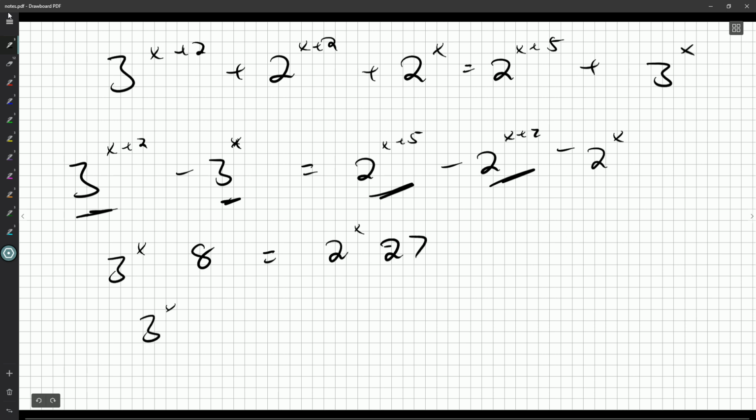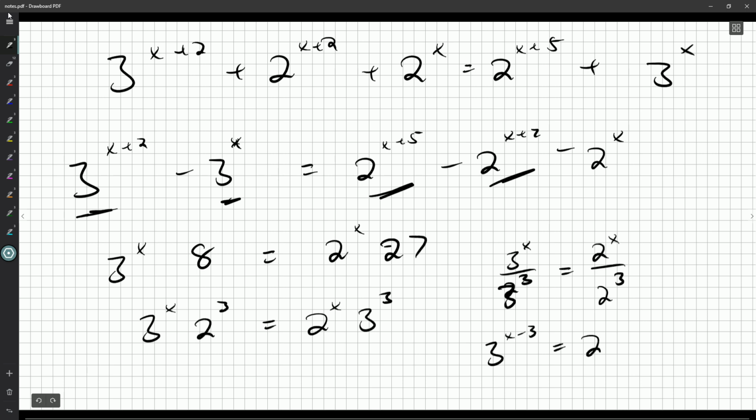So 3 to the x times 2 to the 3 is 2 to the x times 3 to the 3. There's lots of ways to do this. You could divide both sides by 8 and 27, and you can say, all right, 3 to the x over 3 to the 3 is the same as 2 to the x over 2 to the 3, or 3 to the x minus 3 is 2 to the x minus 3.